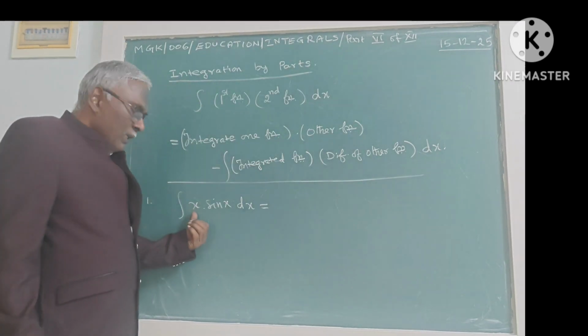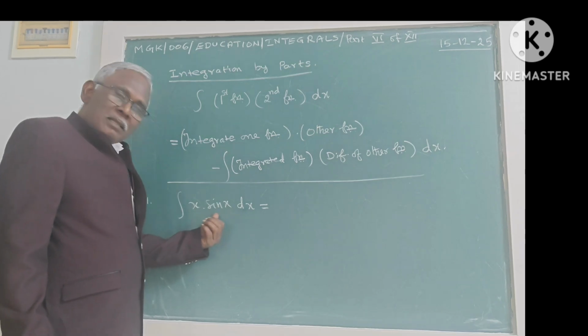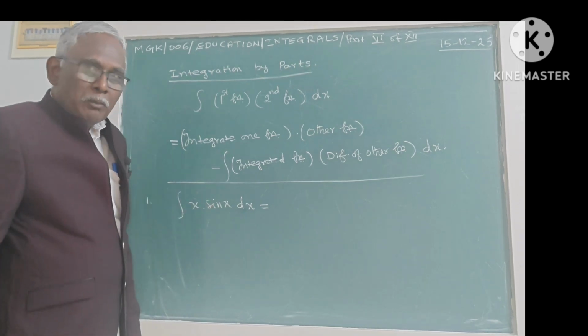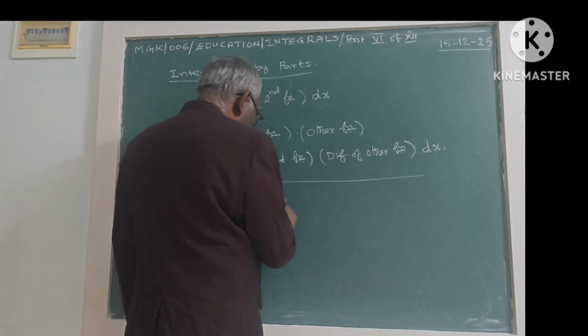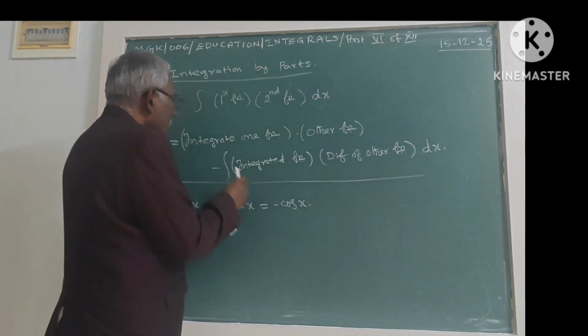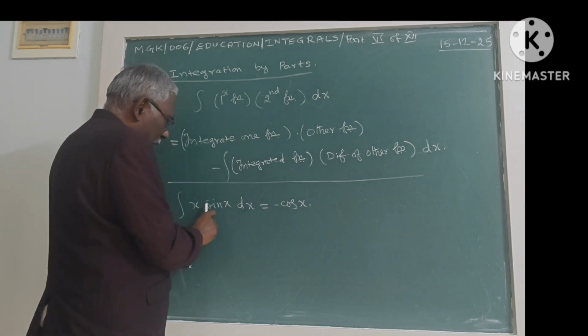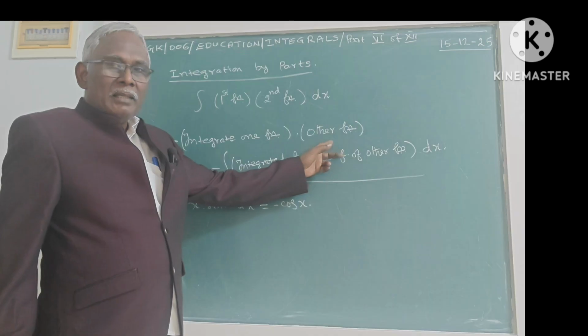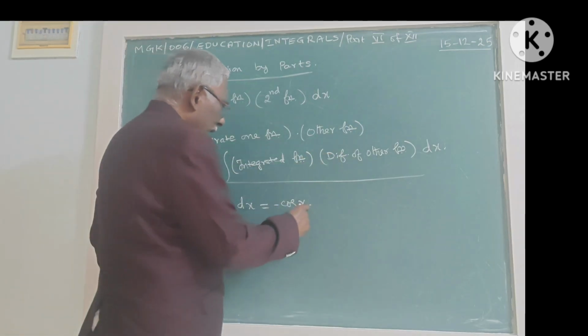So that means when you differentiate x, we have to integrate sin x. If we integrate sin x, what will come? Minus cos x. So minus cos x, integrate to one function. So if we integrate sin x, that is minus cos x, into other function. Other function is x here.